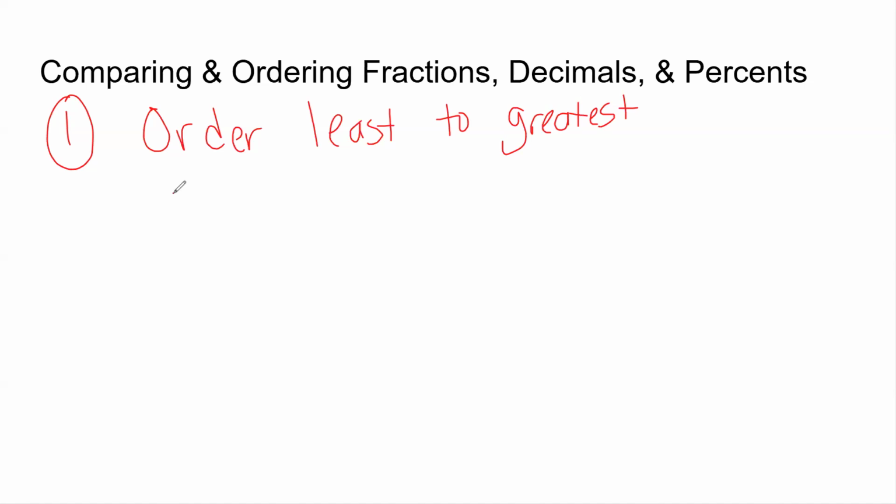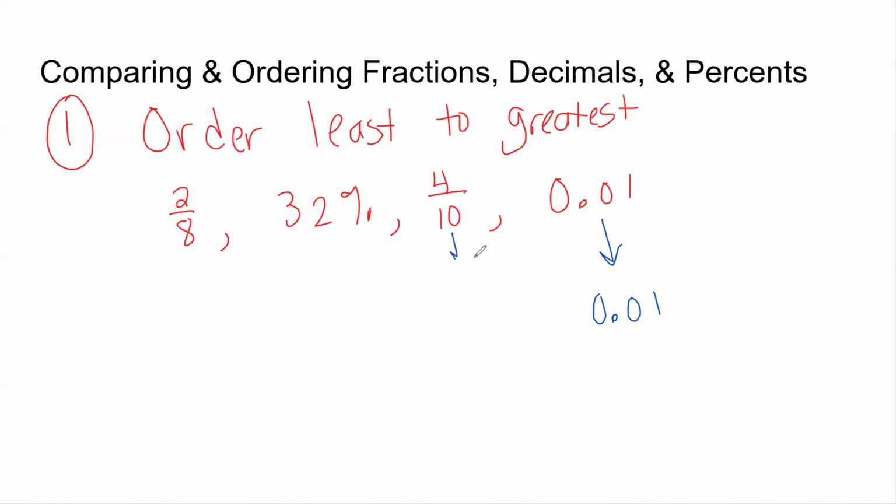Okay, we have 2/8, 32%, 4/10, and 0.01. I would recommend turn everything to decimal. That's going to be easiest. So this last one is already a decimal. 4/10, 0.4, that's 4/10.